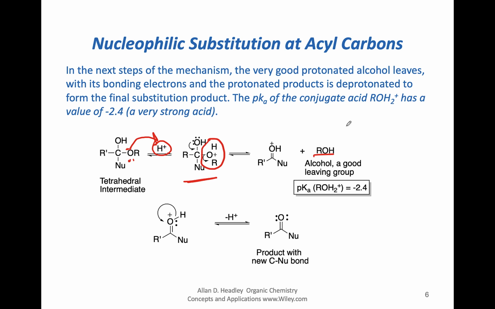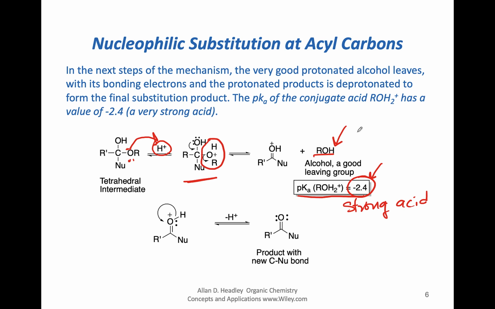The question now, is this a good leaving group? Let's do the analysis. The conjugate acid of this leaving group is the protonated alcohol. The pKa of a protonated alcohol is minus. Notice again, minus, negative. That means it's a strong acid.